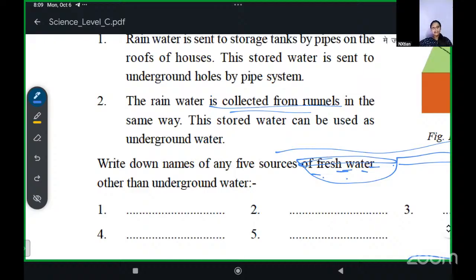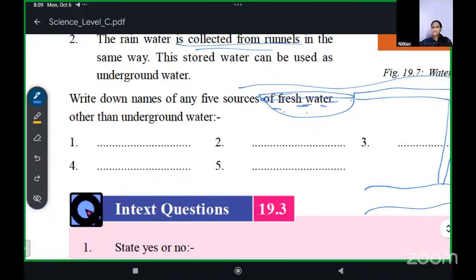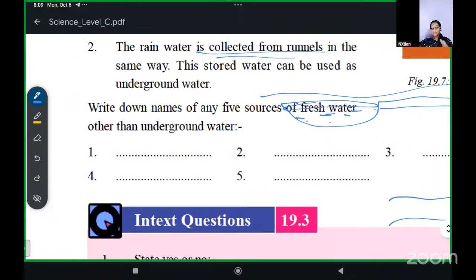There is a runnel with which the pipes are connected, which brings underground water into a tank at our home on the ground. Then there are five sources of fresh water that you have to mention.